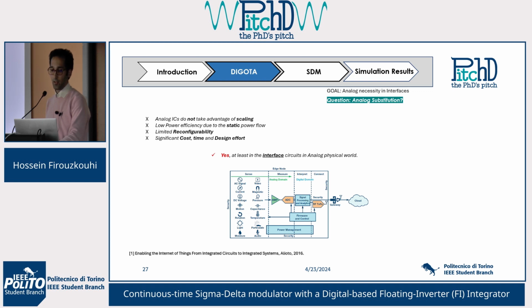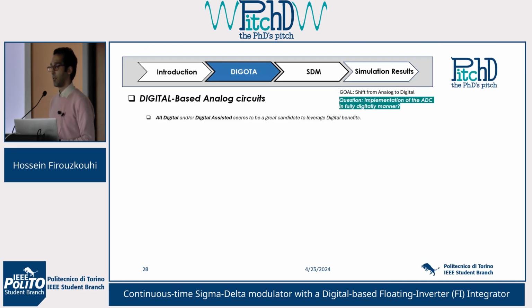Every analog signal needs to be conditioned by an amplifier or a low-pass filter, and then converted to digital by the ADC, which is the integral part of this conversion, getting ready for signal processing. So the methodology is to implement the analog blocks in a digital manner.